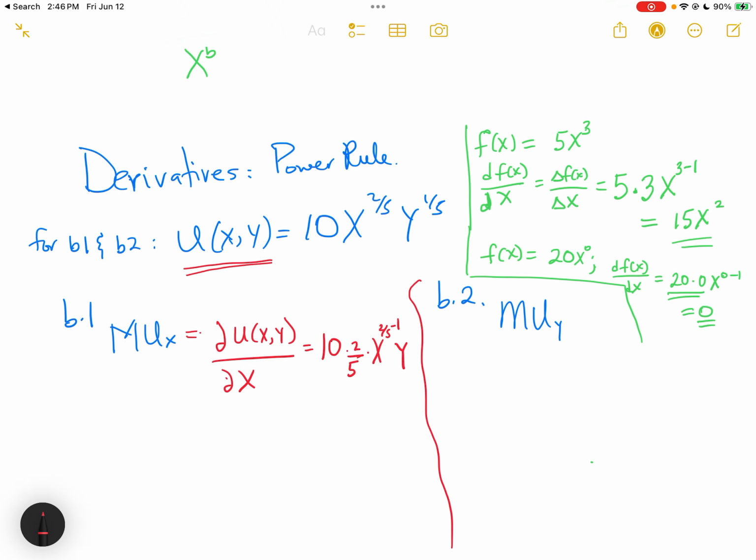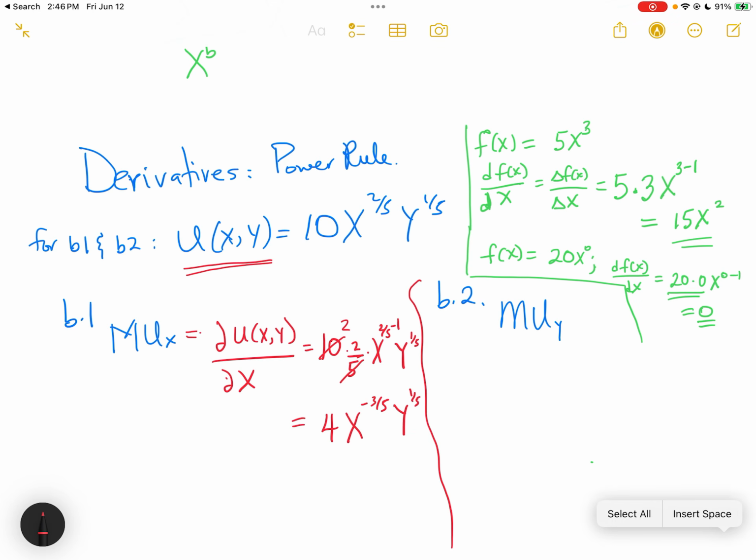Now, we treat y here as a constant because we are not taking the derivative with respect to y. So y is treated as a constant. Now, 5 goes into 10 2 times, and so the answer is 4 times x to the power negative 3 over 5, y to the power 1 over 5.